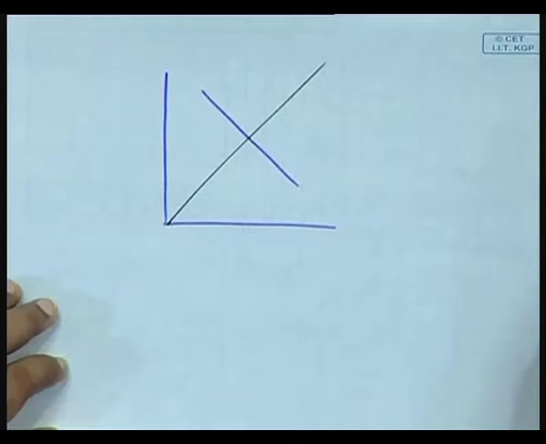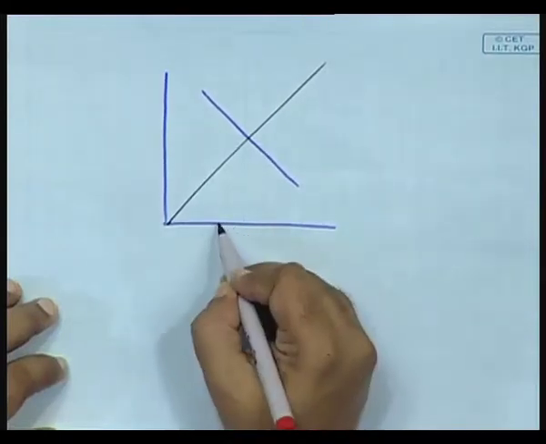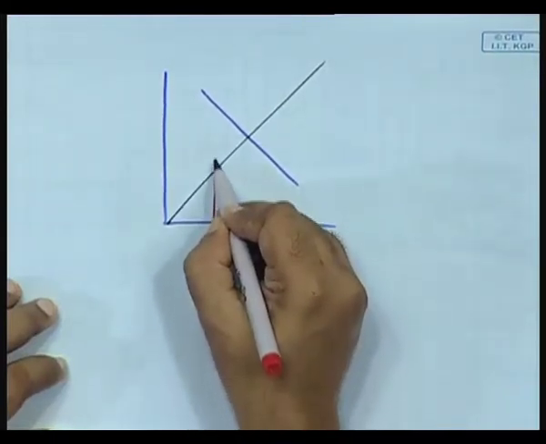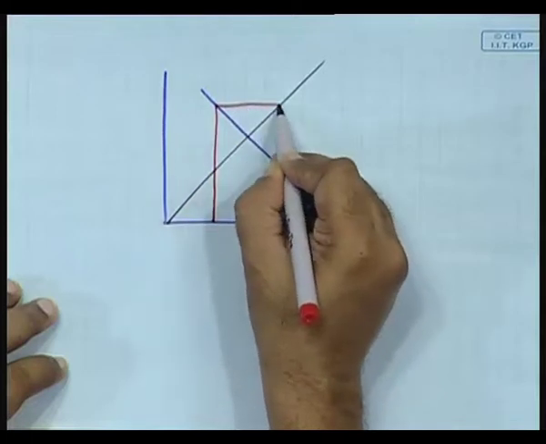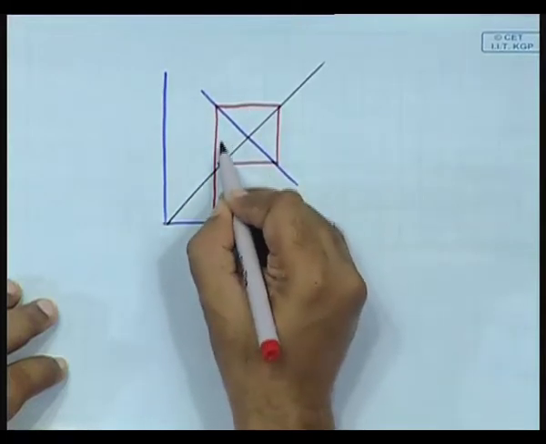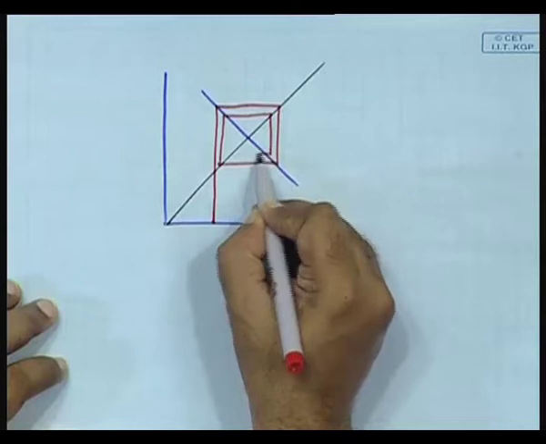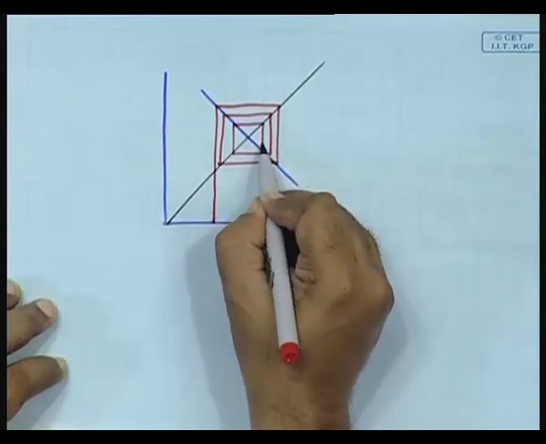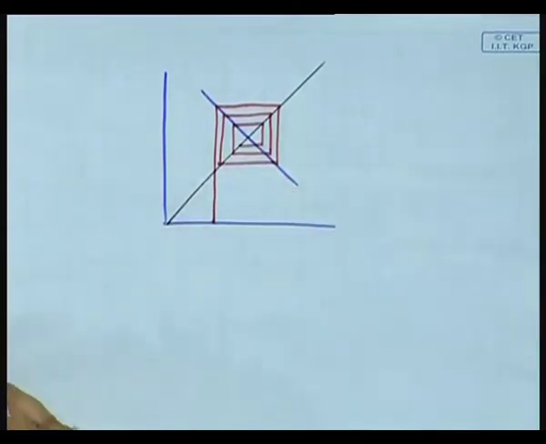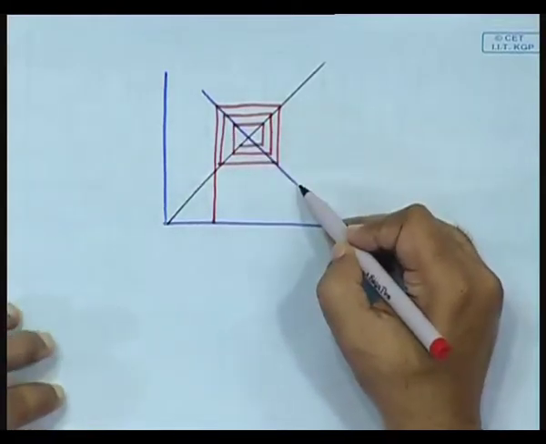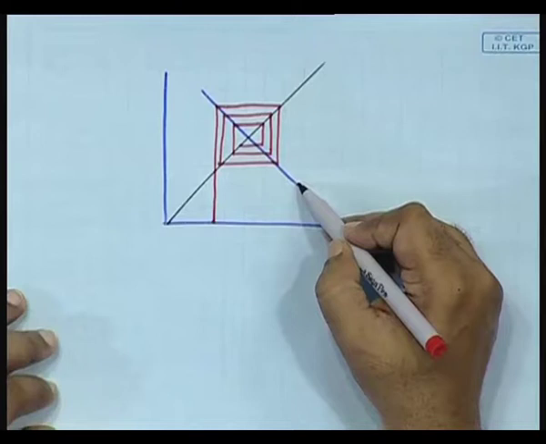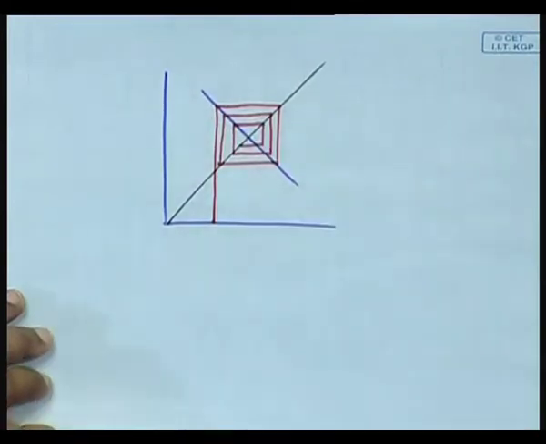Then how will the iterations go? Iterations will go like this. Then to the 45-degree line, to here, fine. So, if the slope is less than minus 1, then it will go like this.